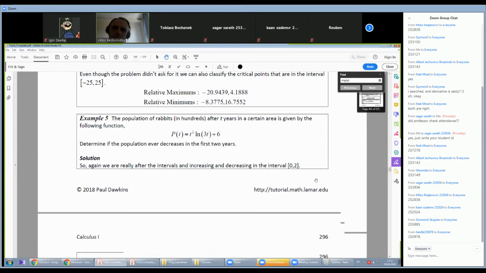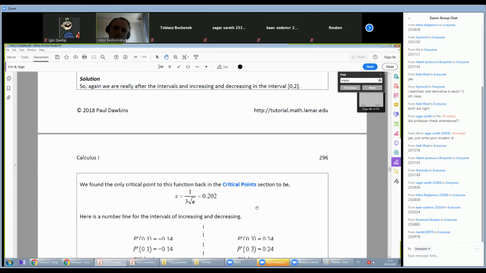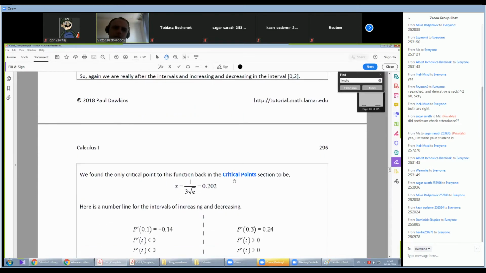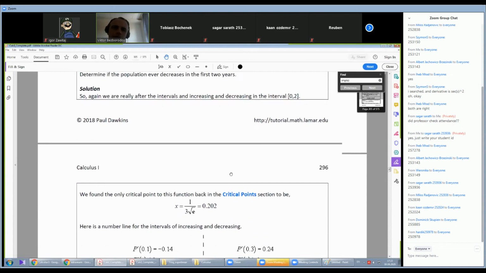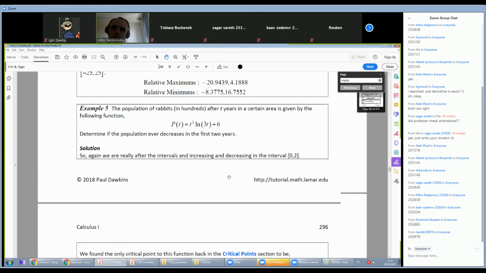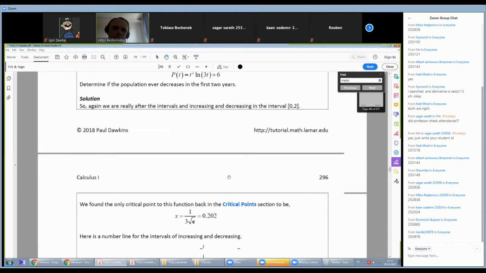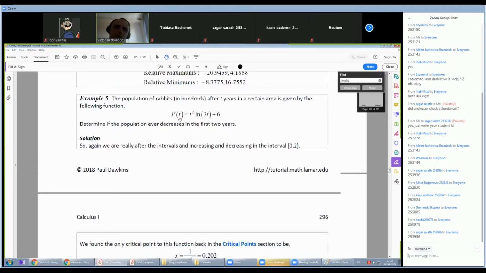So we reformulate this problem purely in terms of mathematics, and then we'll look for the derivative. They presumably skip this step. That was actually done before.